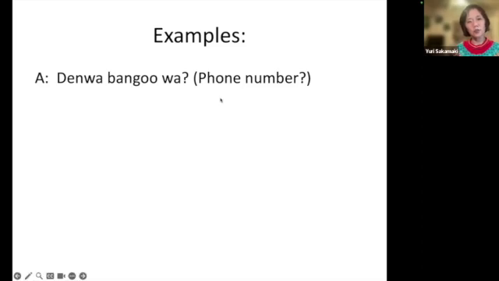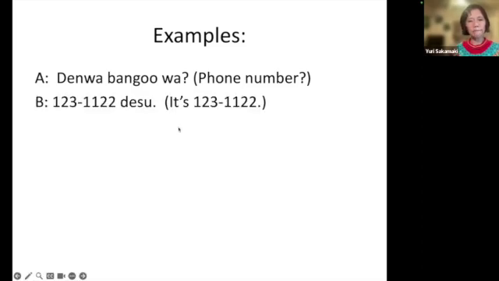So your phone number is, and then you can say this. But when you have a hyphen in between numbers, you just pause in English. We tend to say no. So it's like 1, 1, 2, 2, 1, 2, 3. So we put no here. So 1, 2, 3 の1122です.